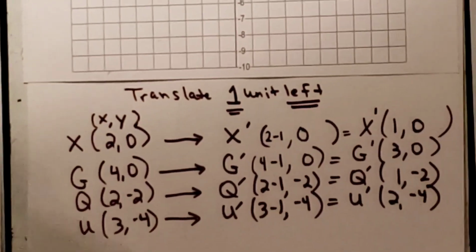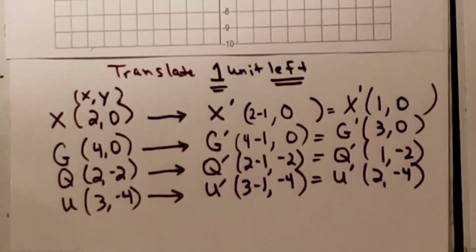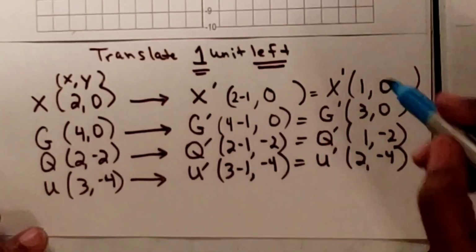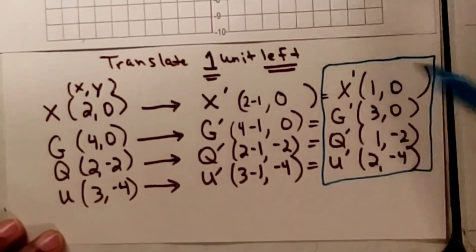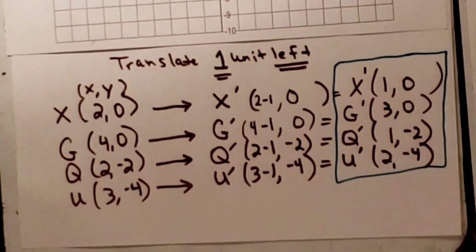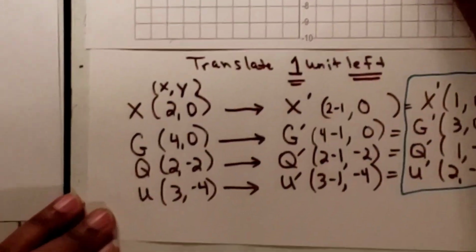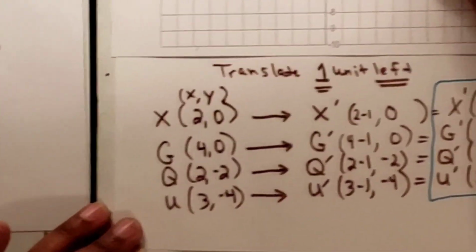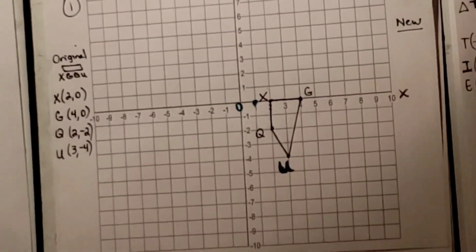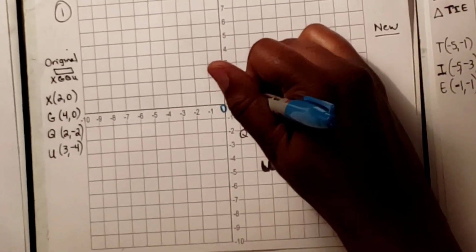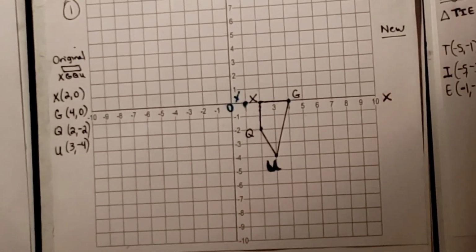So we are about to move our quadrilateral. And I'm going to do it in a different color. And I'm going to graph these points here that I've just come up with to make my new shape. So first of all, 1, 0. Go over from the origin, you move over 1 and you stay. And then that's x prime. So I'm going to put x prime beside it. And then 3, 0.